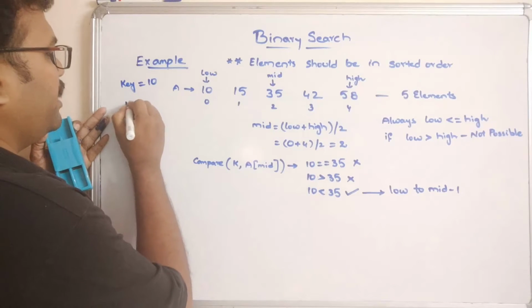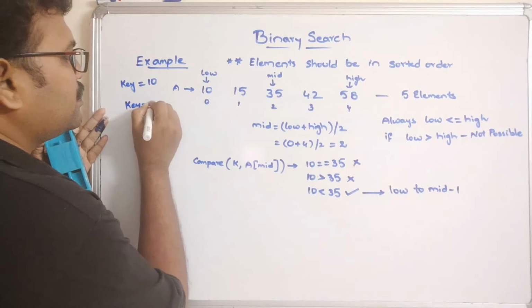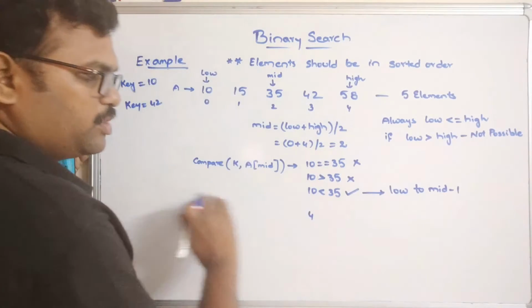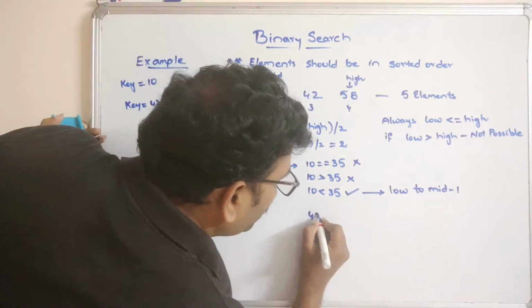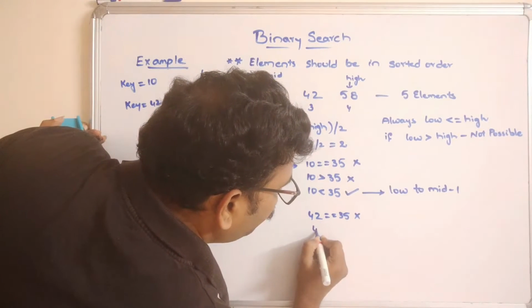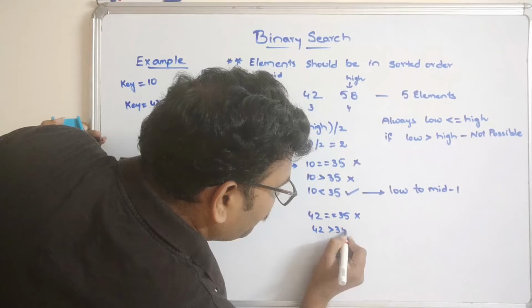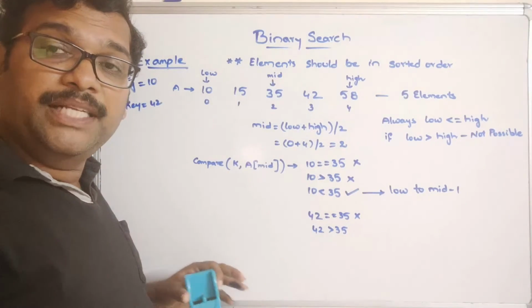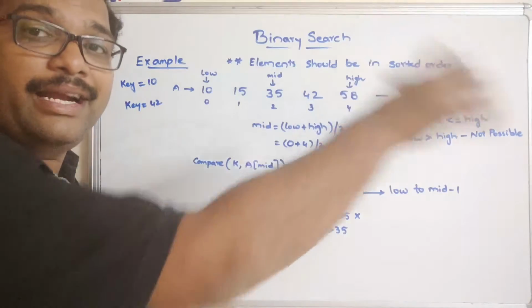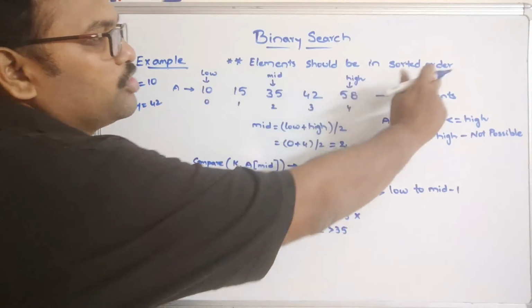For example, if the search key is 42, what happens? Up to this point, the same procedure. Is 42 equal to 35? Wrong. Is 42 greater than 35? True. That means whatever element we are going to search is on the right side portion because of the sorted order.